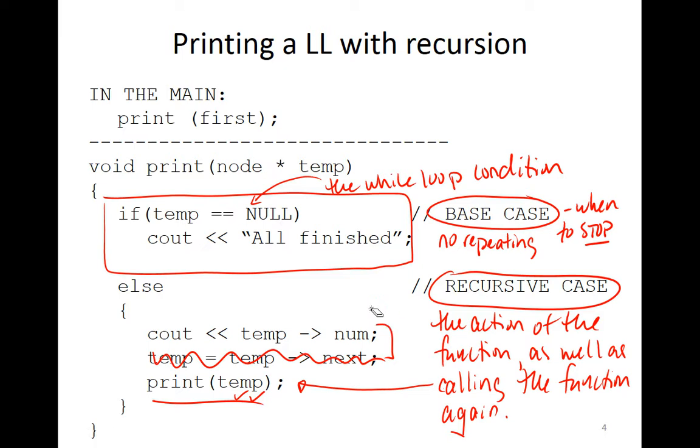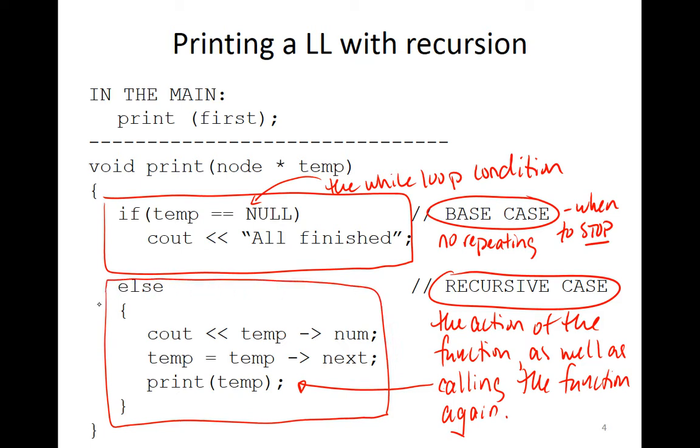Of course this is the equivalent of forgetting to do this with our loop, which we know makes for an infinite loop. So one thing we want to remind ourselves is that in the recursive cases, not only are we going to call the function again, and it's usually the last thing you do in the code that you've written, but you also want to make sure that whatever you're sending it has been updated in some way.